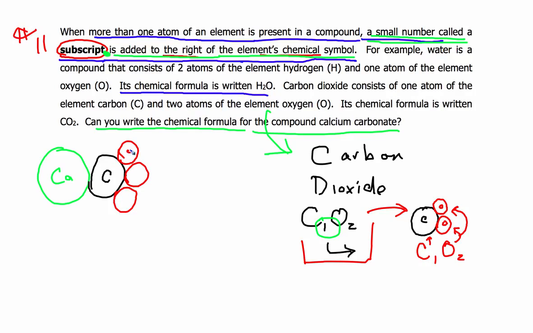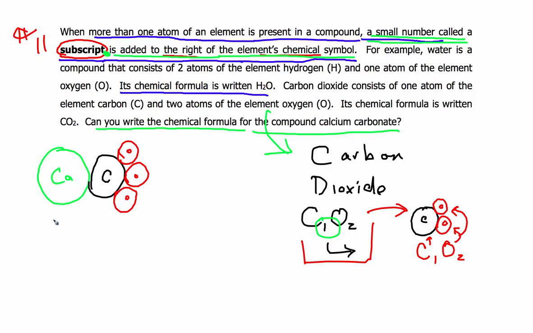Okay, and these would be oxygen. Now, can you write the chemical formula for calcium carbonate? Pause the recording and see if you can write the chemical formula right below here with the proper subscripts. Okay, pause, try to write it, and then come on back and you can take a look at it.